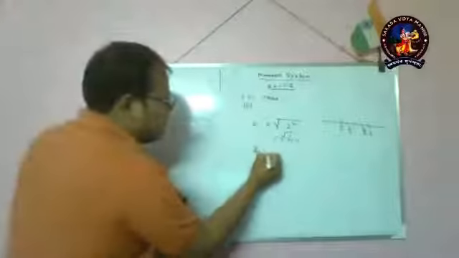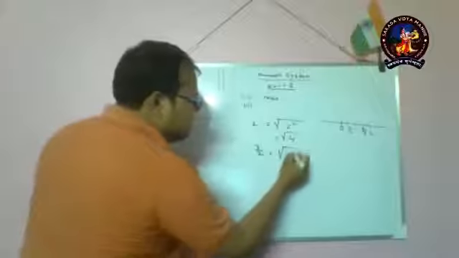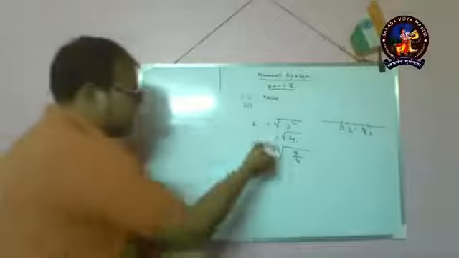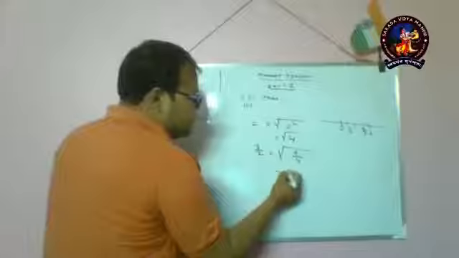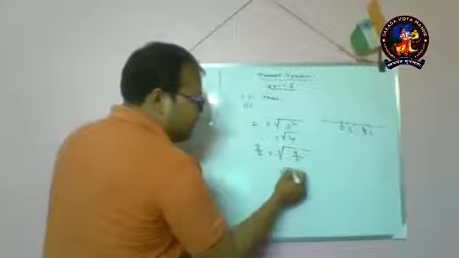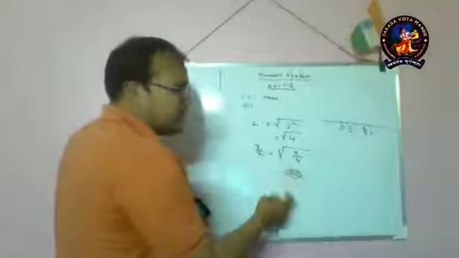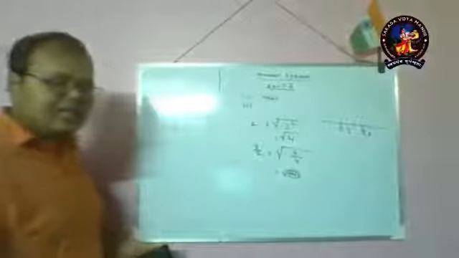Obviously it is true, but 3 by 2, if I take, I have to express that one as root over 9 by 4, but 9 by 4 is not a natural number. So if I want to say every number can be expressed of the form root m, where m is a natural number, that is false. Every number cannot be expressed as the root of a natural number.